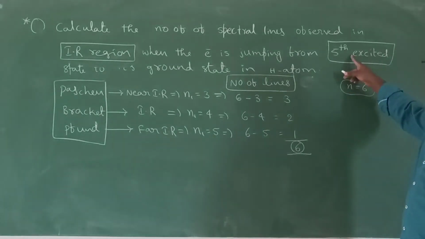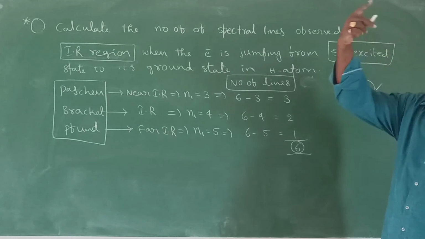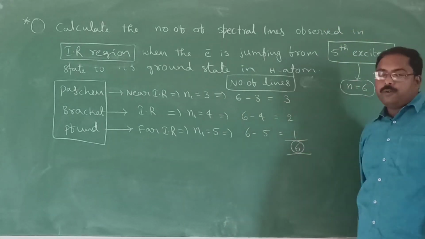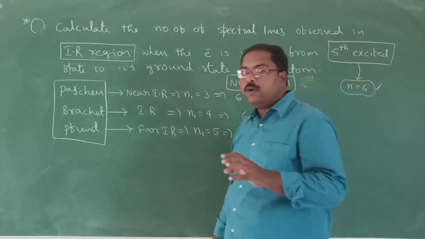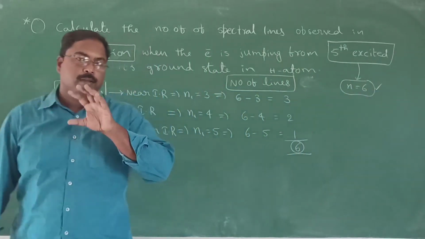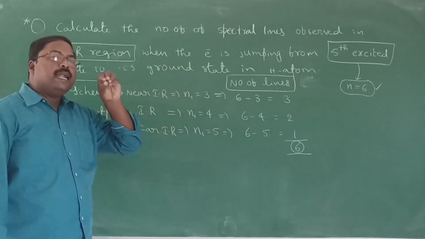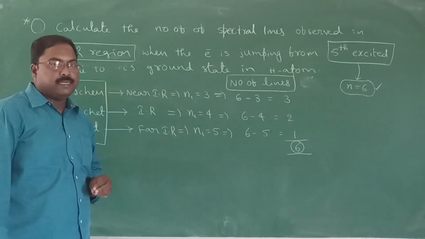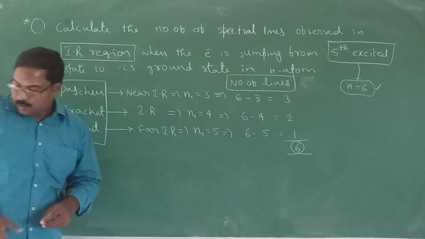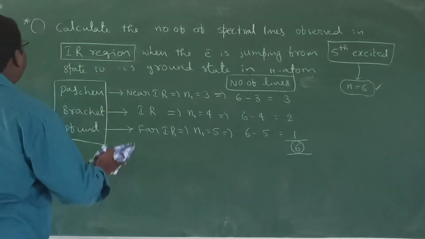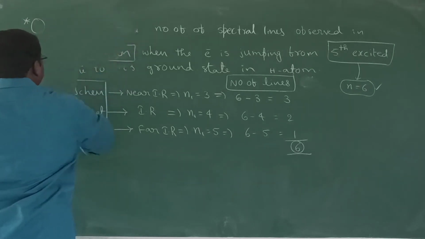A fifth excited state means the electron is in the 6th orbit. Then we have done. I hope now you will be perfect in solving the questions based on the number of spectral lines. If not, try to solve this question on your own.